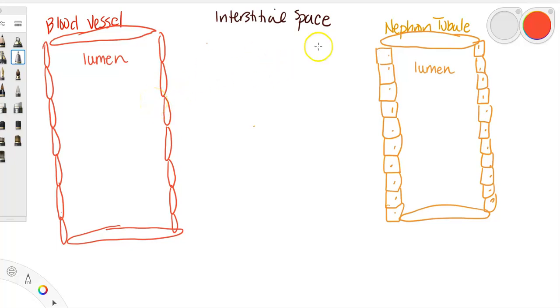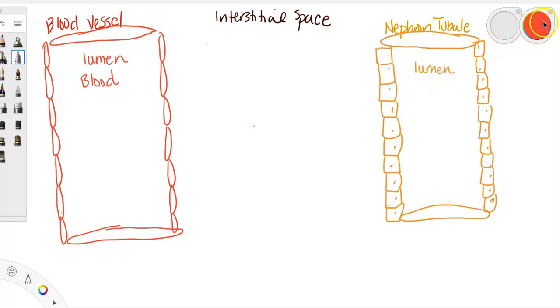They're right next to the tubule, but between the tubule and the capillary is interstitial space, which also has fluid in it. What's in here? Well, of course, there's blood in here. So there's blood fluid in here. There's fluid in the interstitial space.